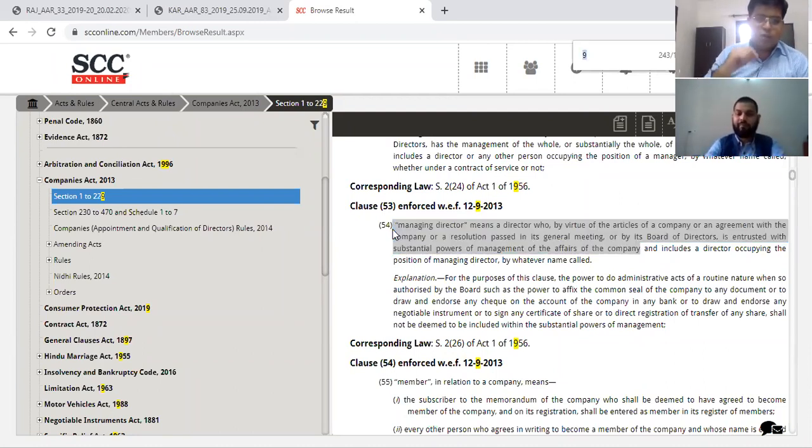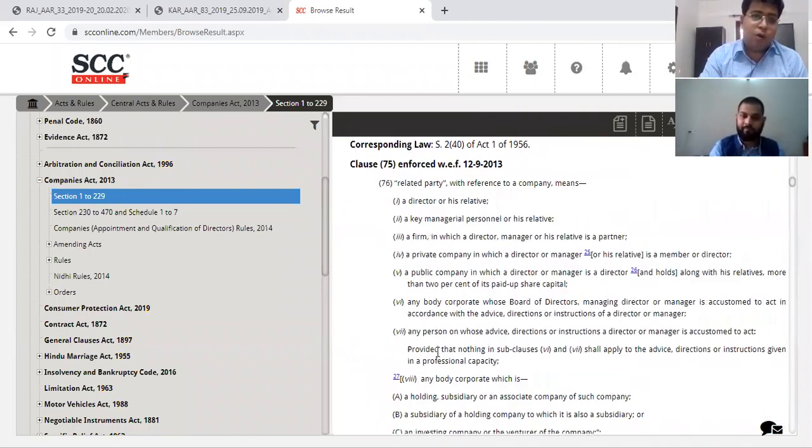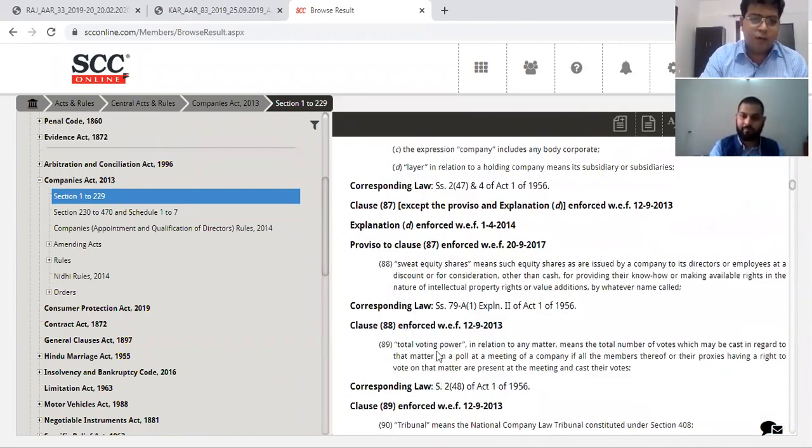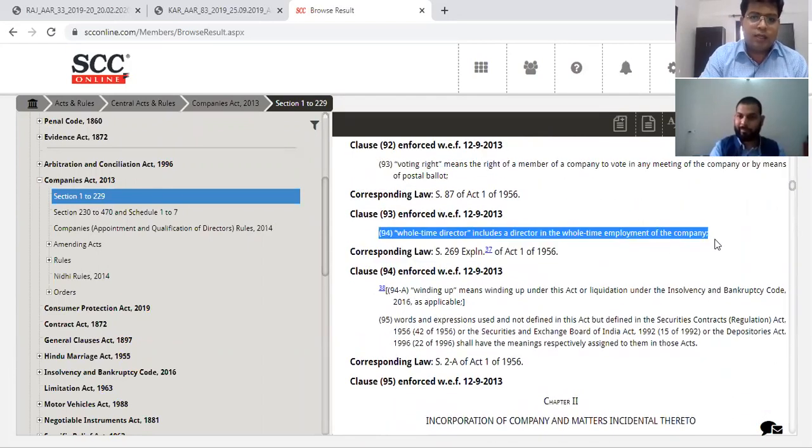which is at section 2 clause 94. It is very important to understand the scheme of this enactment, this company law, to understand the issue in entirety.